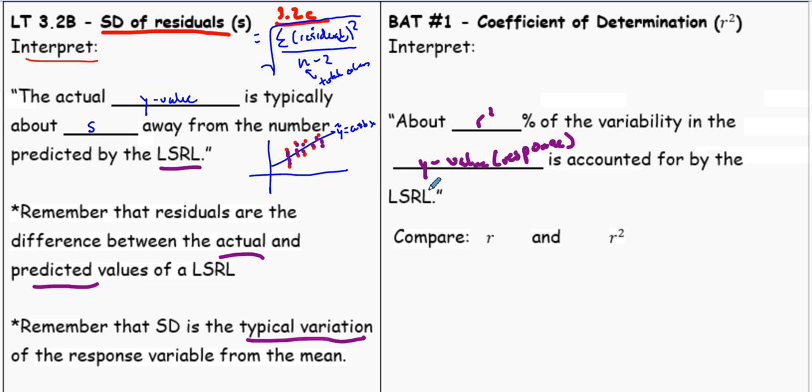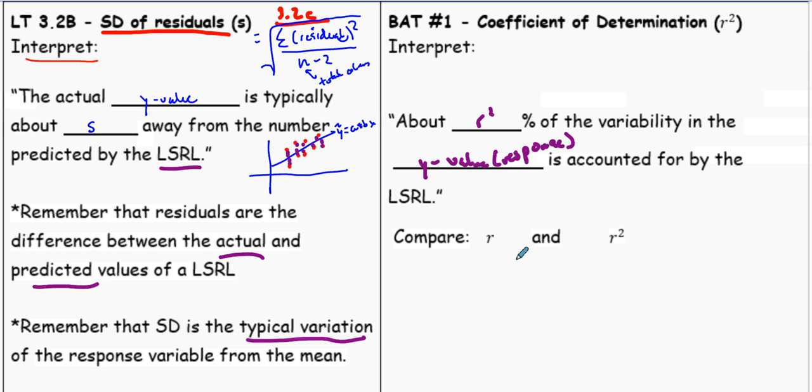And as this line changes, this percentage changes, because the area between them also changes.